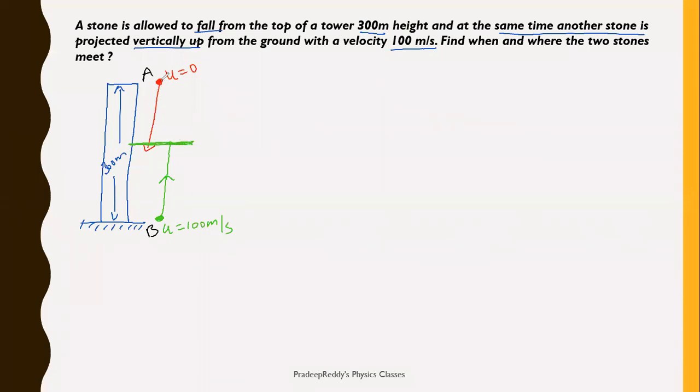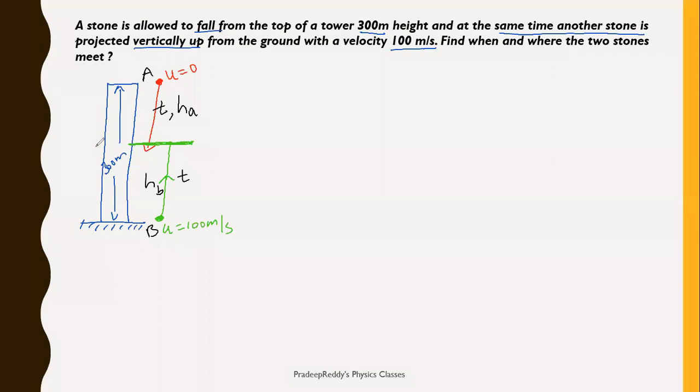So that means coming from position A, this ball is falling down. It takes some time, right? That time is t. In the same time, this body which is being thrown up should go to this particular height, and that is also t seconds. Now let me consider the height traveled by this body as ha, and the height traveled by this body as hb, right?